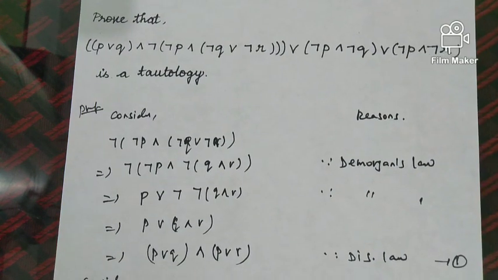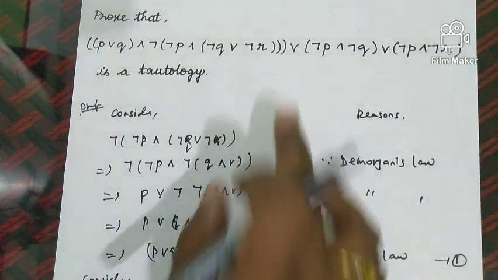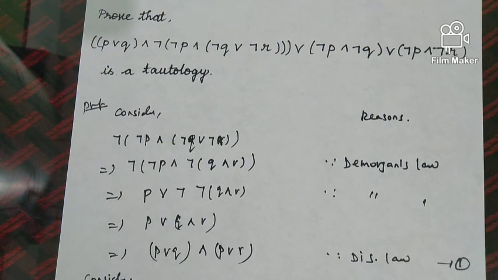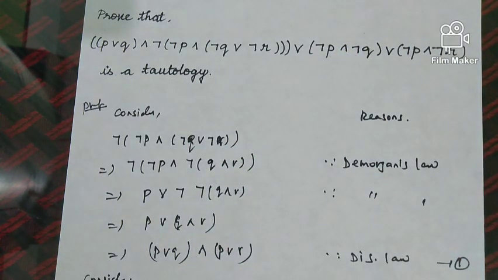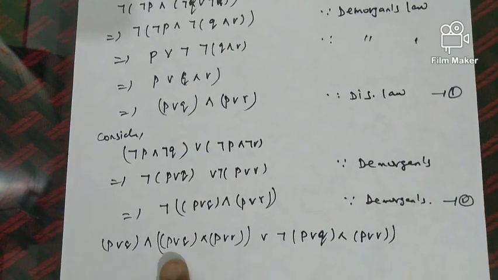The given equation is P or Q, and instead of the second term we write equation 1, that is P or Q and P or R. Instead of the last term, from the second equation, we write negation of P or Q and P or R. So from equations 1 and 2 we have arrived at the given equation in this form: P or Q, and P or R, or negation of P or Q and P or R.